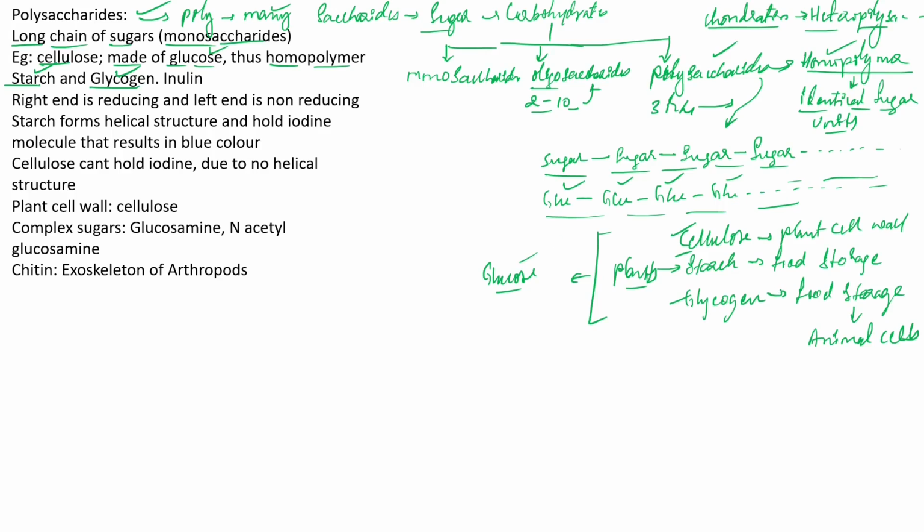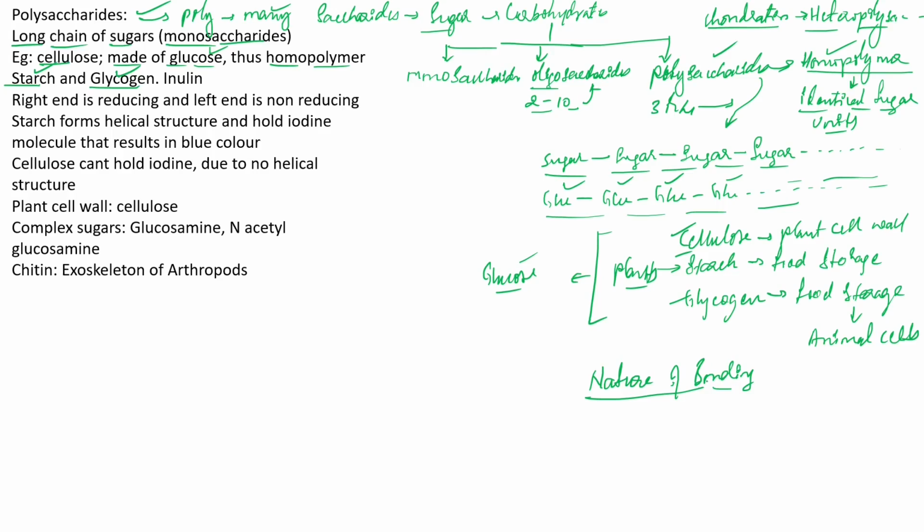But what makes cellulose different from starch, and what makes glycogen different from starch and cellulose? The nature of bonding. I will discuss the nature of bonding in the next class.